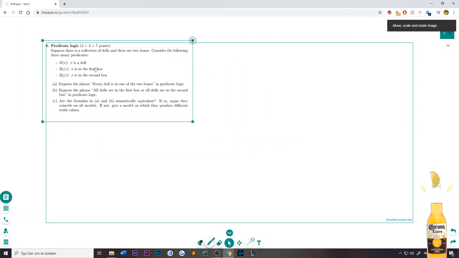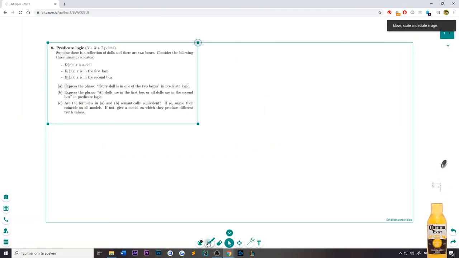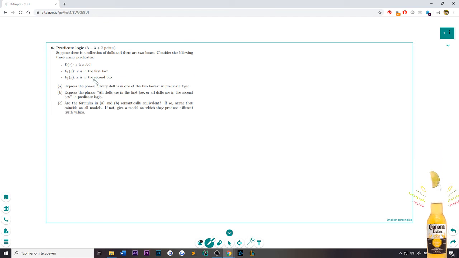So question 8 of the 2018 exam. These are the unary predicates that we have, and we need to express the phrase: every doll is in one of the two boxes. So we know that for all x, if x is a doll, then this implies that they're in the first box or they're in the second box.